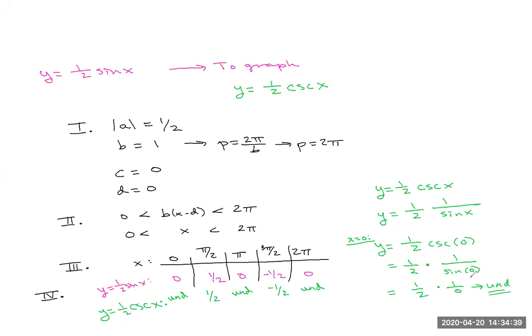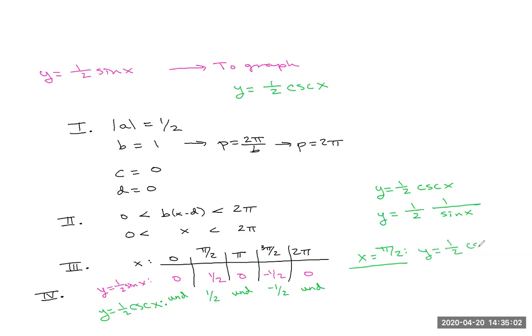Similarly, if x is equal to pi over 2, we would have y equals 1/2 cosecant pi over 2.